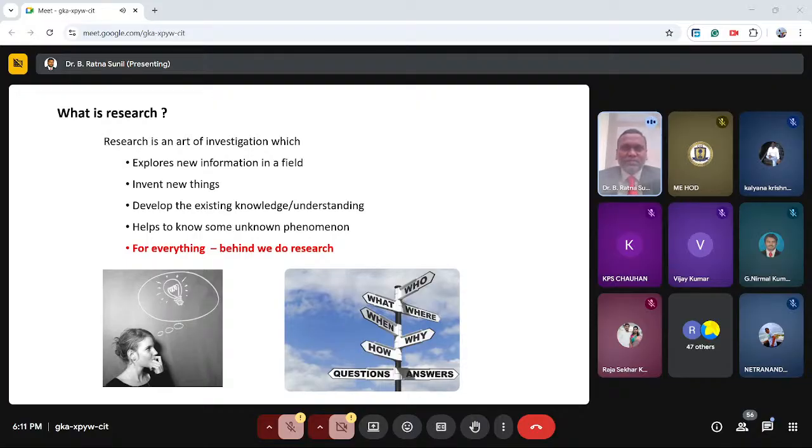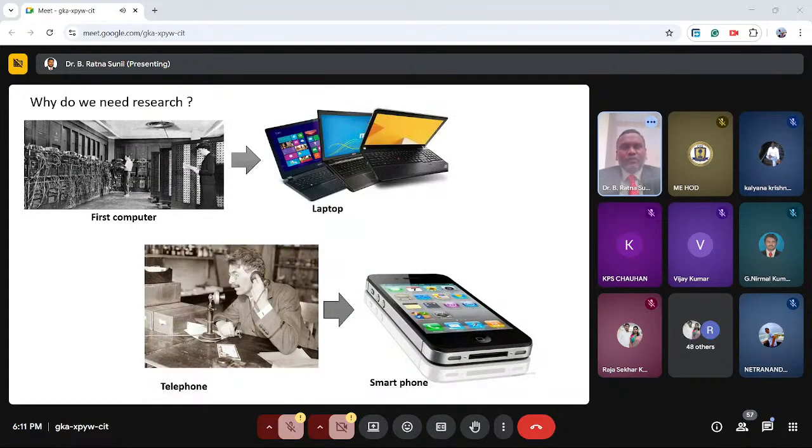We invent new things, or else with the existing knowledge we add additional knowledge. All these are the essential elements of research. Therefore, it is not a new term or a new aspect. Then when it comes to academic research, especially in science and technology, most of you, I believe, are working in scientific departments or scientific disciplines in engineering and technology fields.